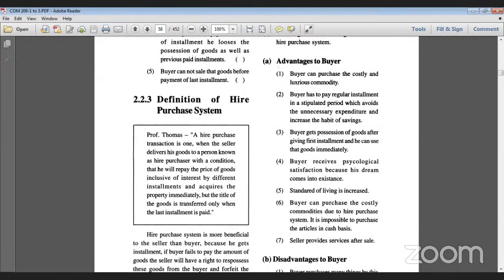After that, the given definition: a hire purchase transaction is one in which the seller delivers his goods to the person known as a hire purchaser with the condition that he will repay the price of goods inclusive of the interest by different installments and acquire the property immediately, but the title of the goods is transferred only when the last installment is paid.